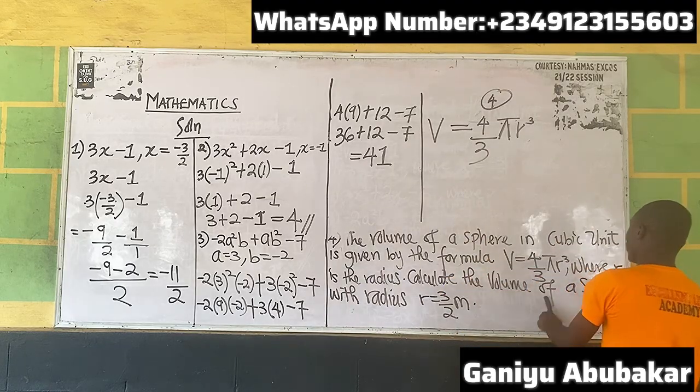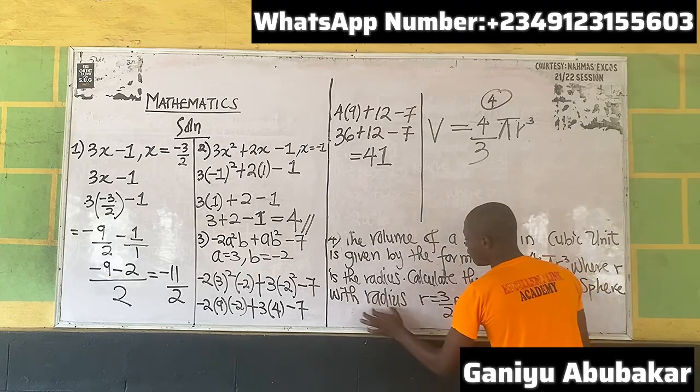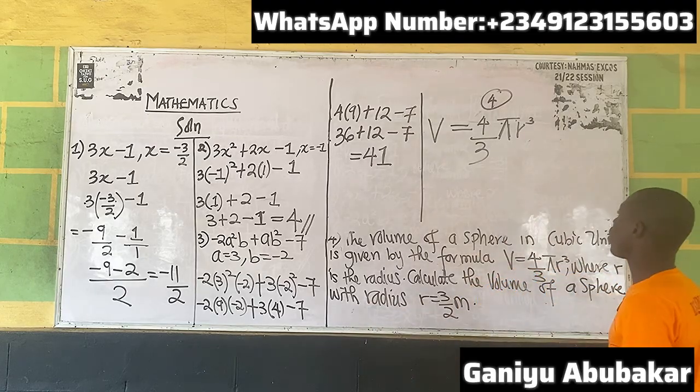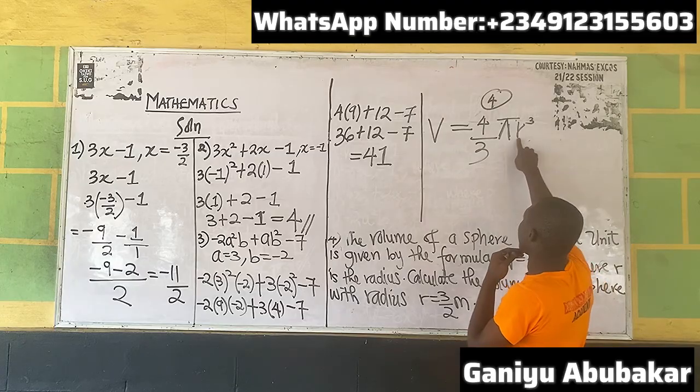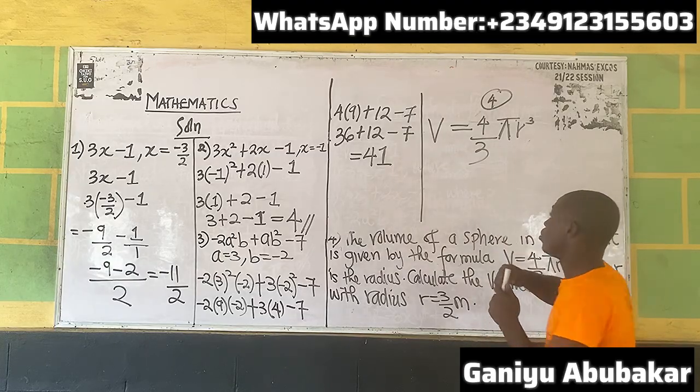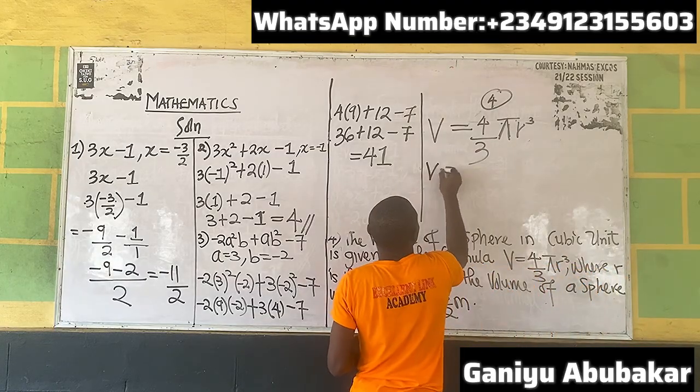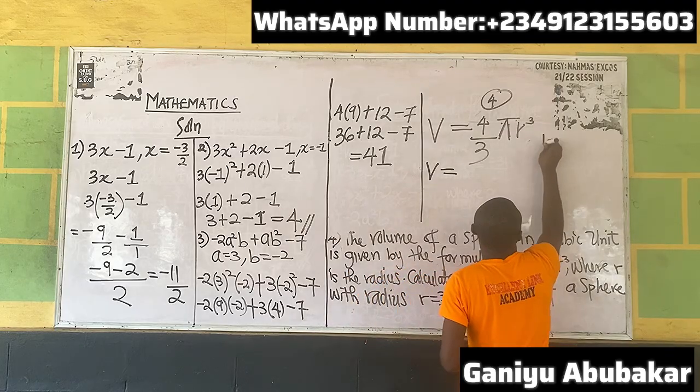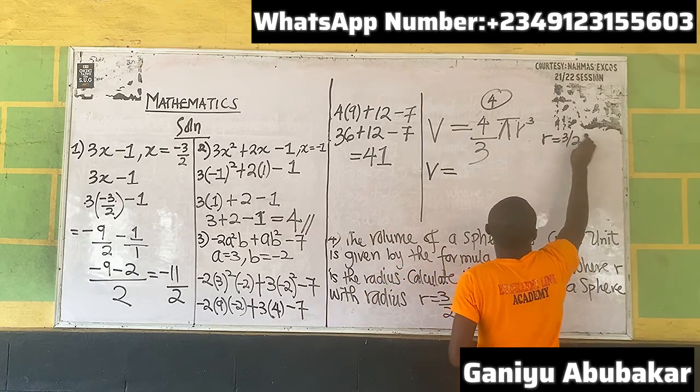Calculate the volume of a sphere with radius 3 over 2 meters. So r is 3 over 2. Anywhere I see r, I'll put 3 over 2.